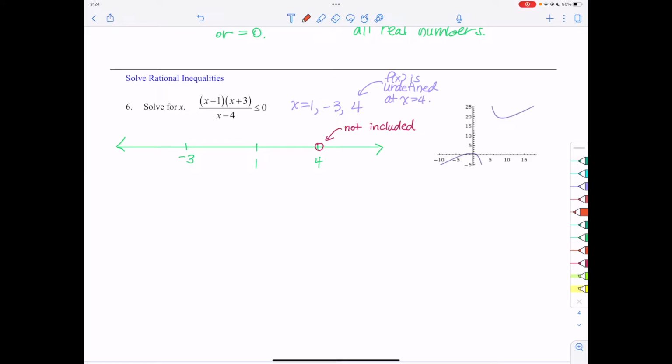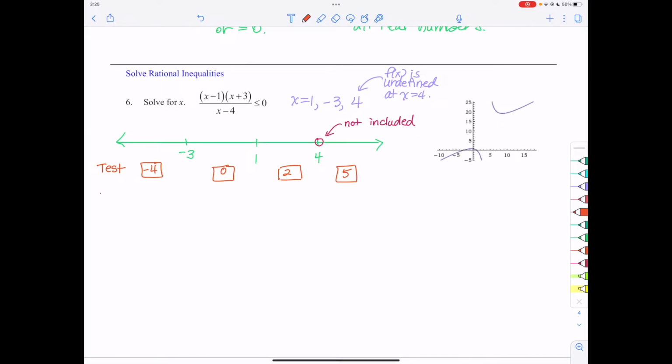So let's go ahead and find some test values. We can use -4, of course 0, how about 2, and how about 5? But again, you can use any number in that interval. And our factors or divisors are as follows.